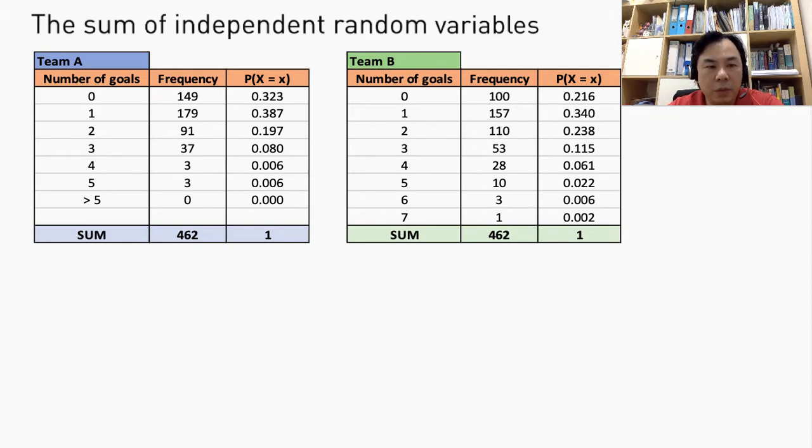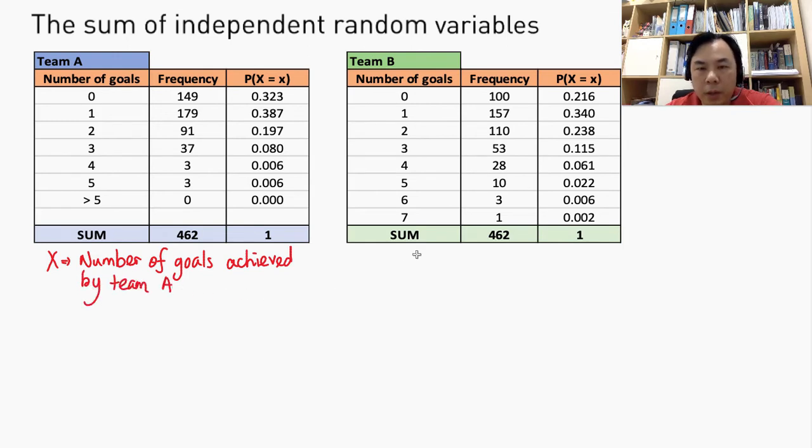First of all, let's recap for Team A. If we use X, I would say X represents the number of goals achieved by Team A, whereby Y represents the number of goals achieved by Team B here.